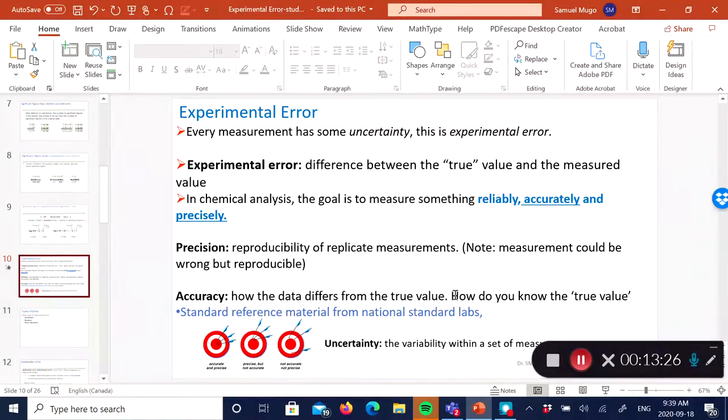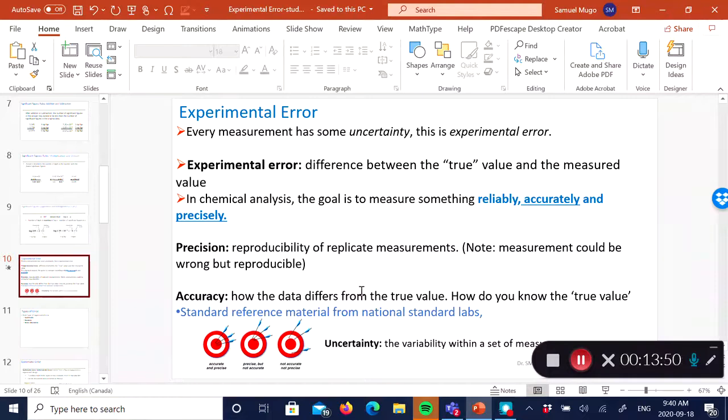Meaning, the data can actually be very, very precise, but be inaccurate. Meaning the data can be distributed around the mean, but very, very far from the true value. Okay. But in chemical analysis, we want reliable, accurate, and precise data.